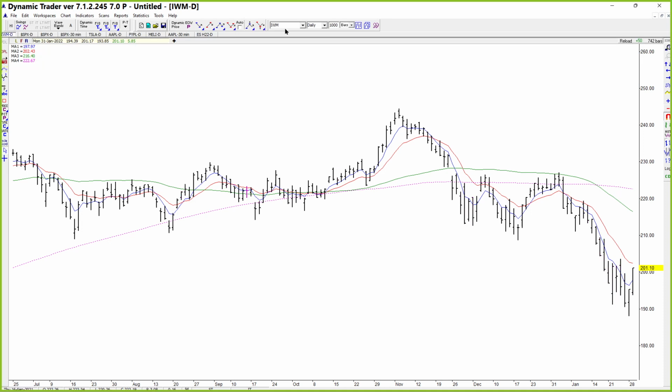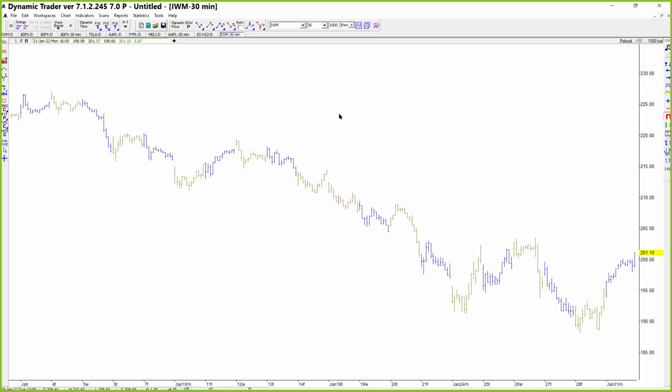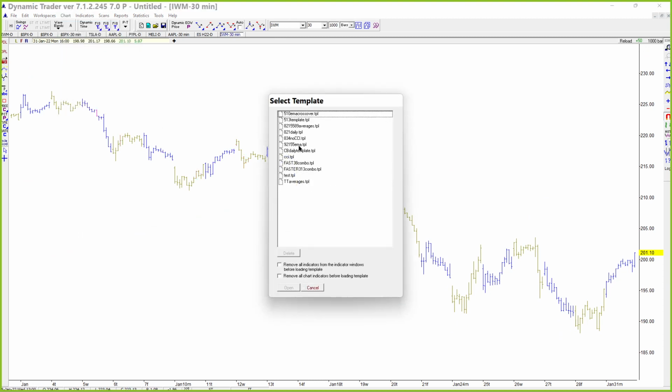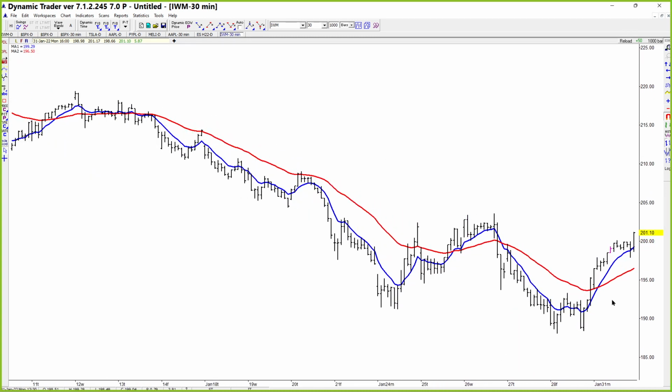So, for example, let's take a look at the 30-minute chart in IWM. On the 30-minute charts and all the lower time frame charts, typically I'm using the 834 EMA combo. Let's get that on this chart here. The 8 is going to be the blue average and the 34 is going to be the red.